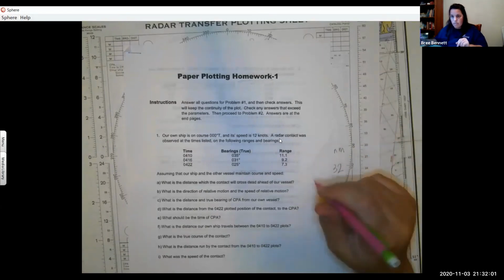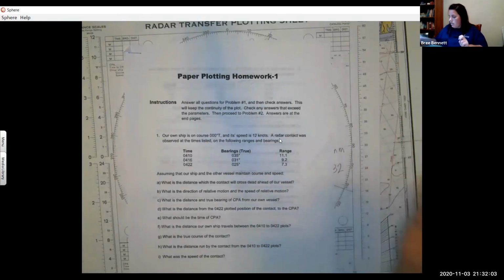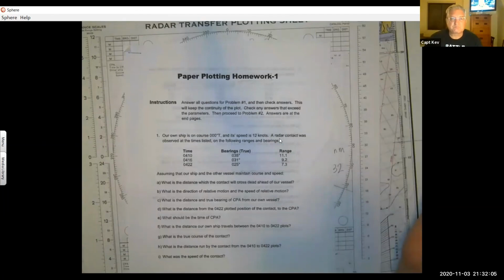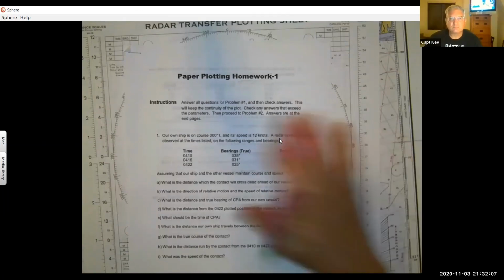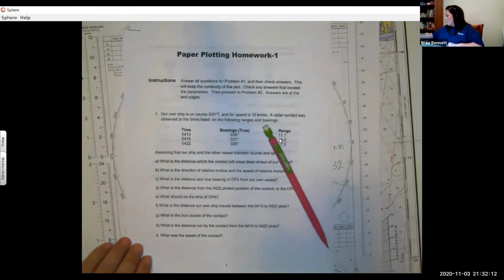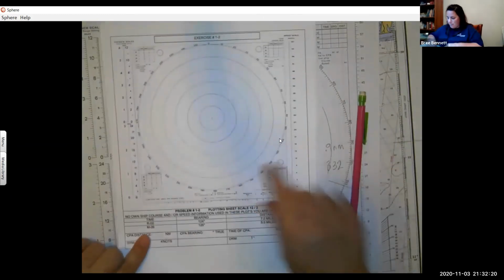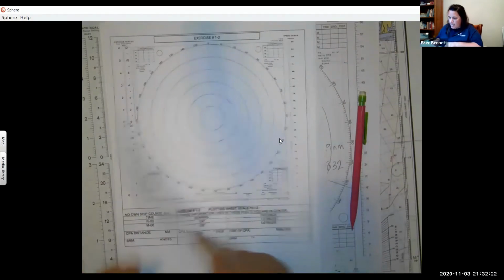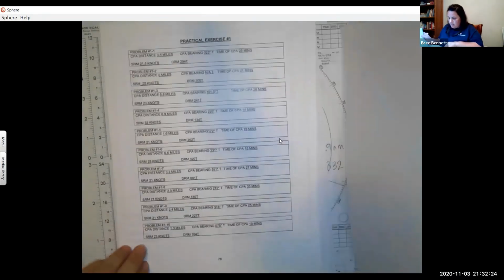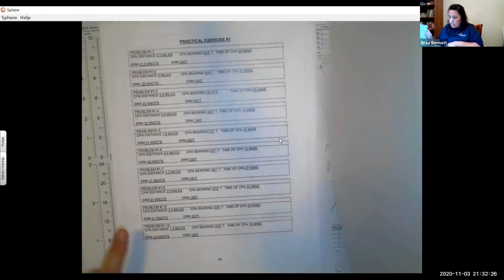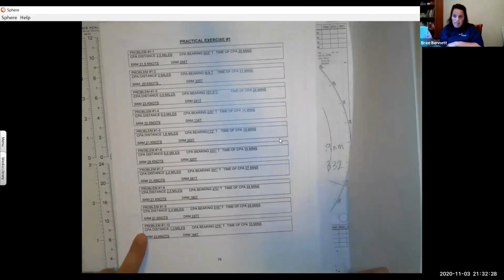So you could practice with these, and then if you want more, the first 10 are just doing that R to M line.